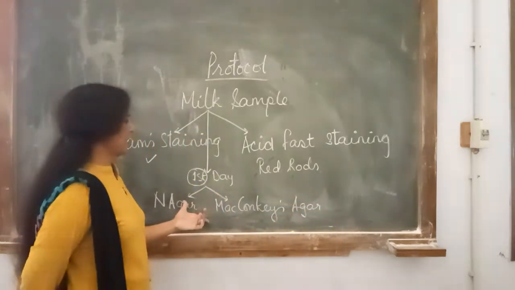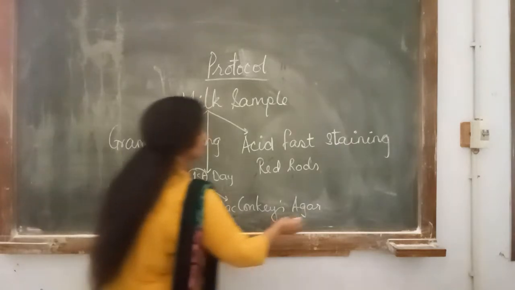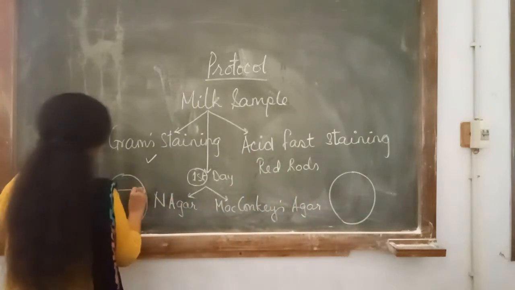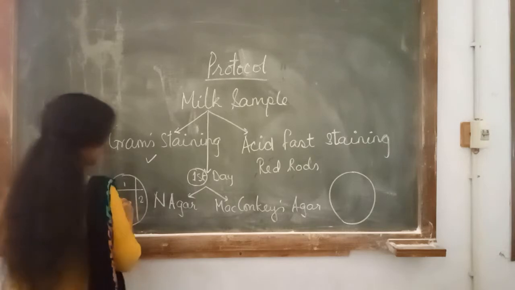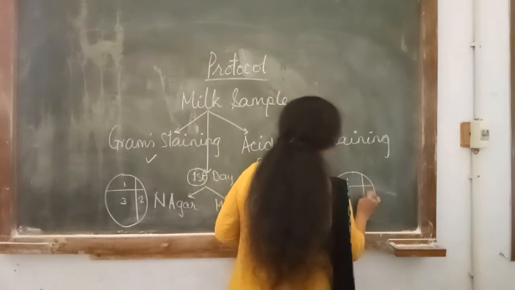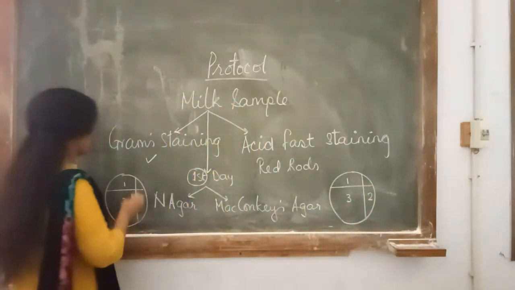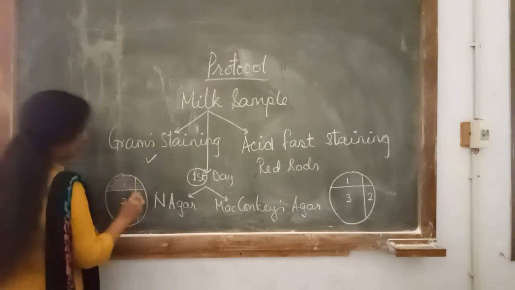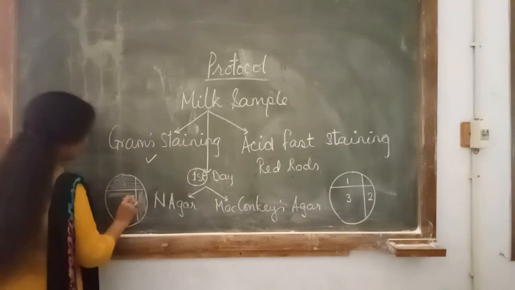Okay, these two media will be inoculated with a milk sample by doing proper streaking, and for that we make 3 sectors in the nutrient agar plate and 3 sectors in the McConkey's agar plate, and then the strokes are done very close to one another and inoculation is properly done.